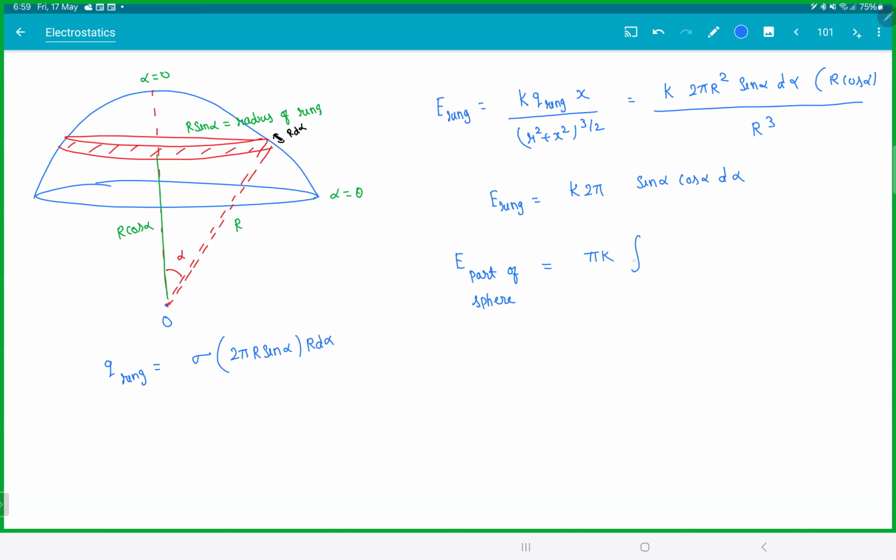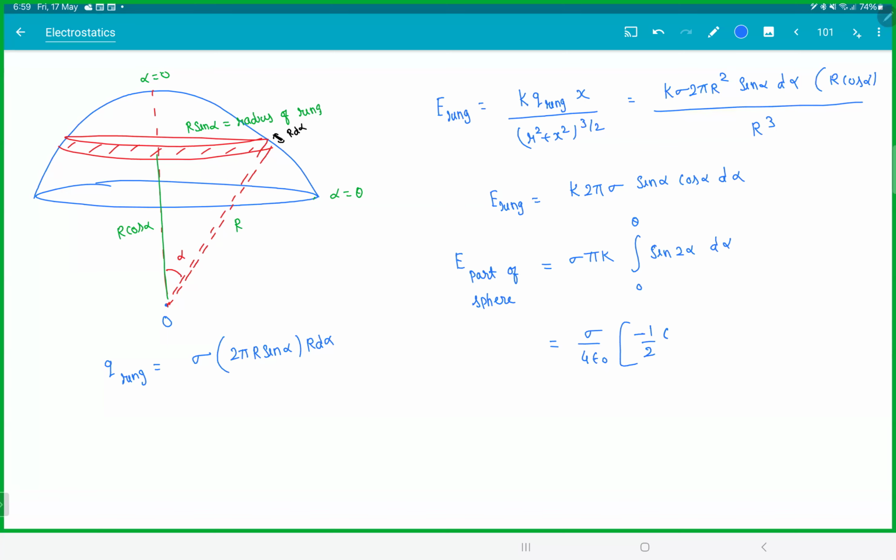Pi k 2 sin alpha cos alpha is sin 2 alpha. Limits will go from 0 to theta. K is 1 by 4 pi epsilon, so you'll get 1 by 4 pi epsilon. I definitely missed out something. Sigma, I missed out. And then the integration of sin 2 alpha is what?